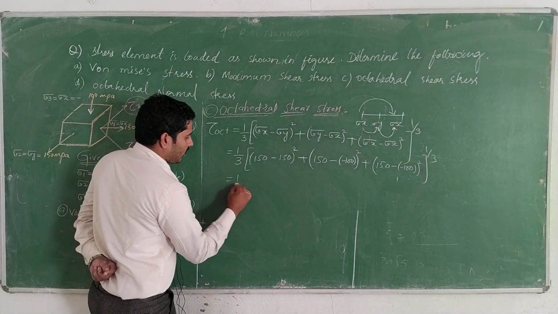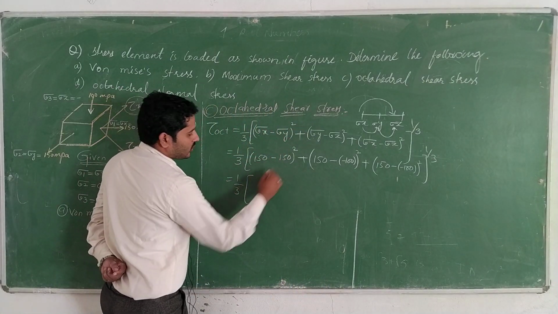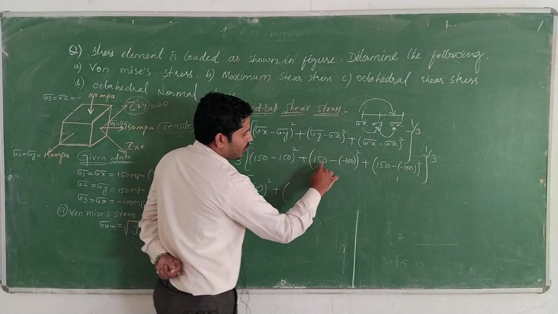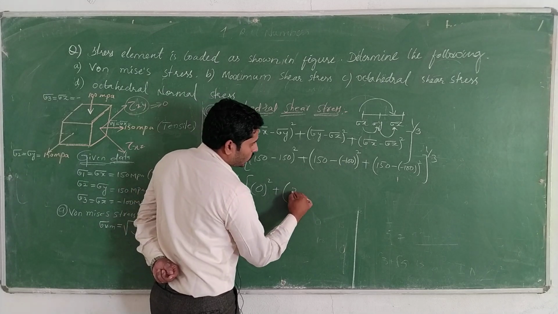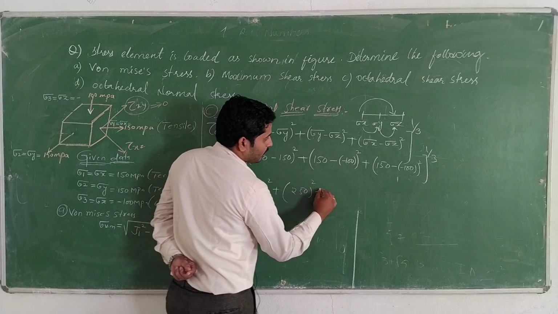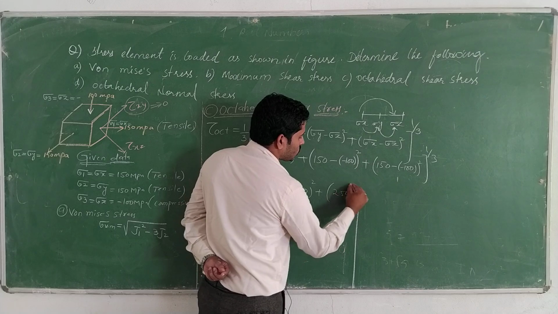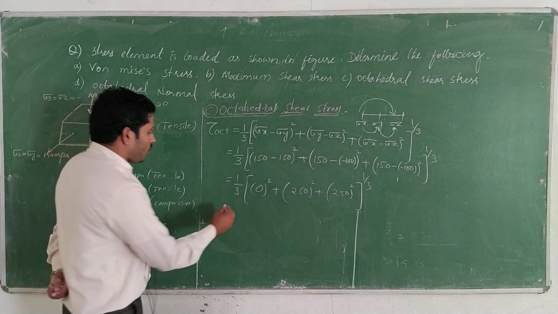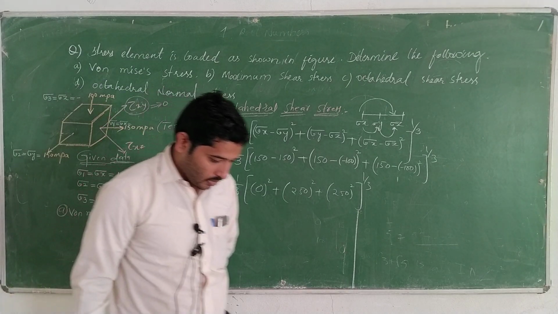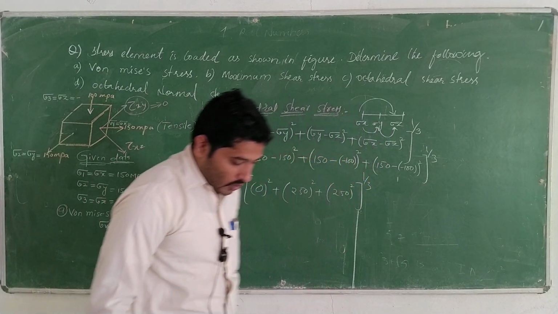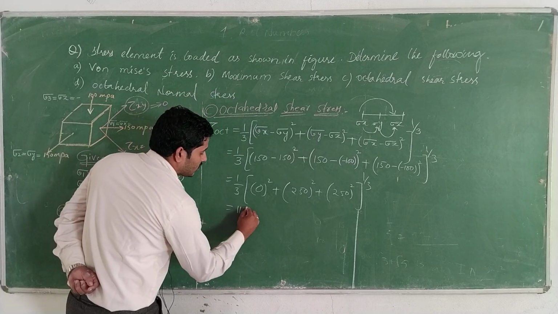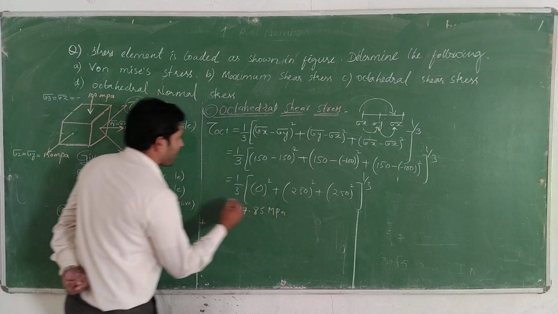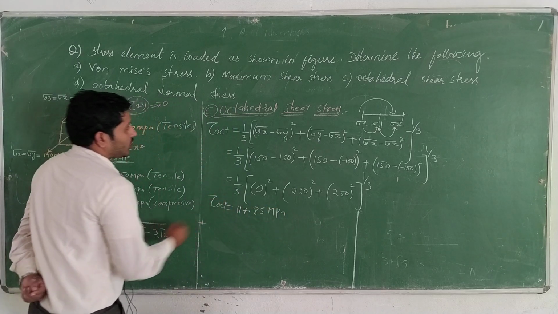Then 1/3, 150 minus 150, 0 whole square. 150 plus 100 should be 250 whole square plus 250 whole square, power of 1/3. If you calculate by the calci, you will get the answer 117.85 megapascal. That is the value of octahedral shear stress.